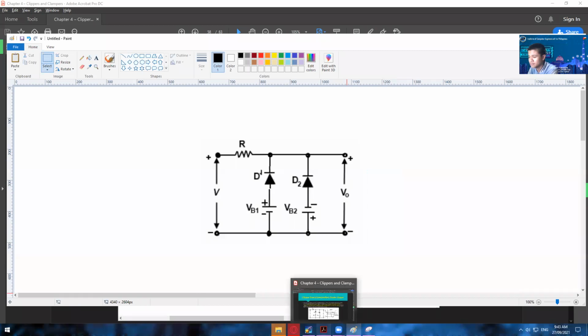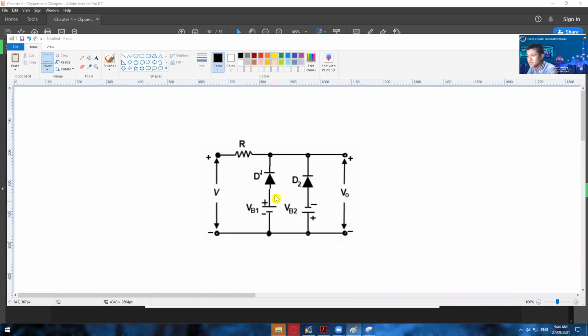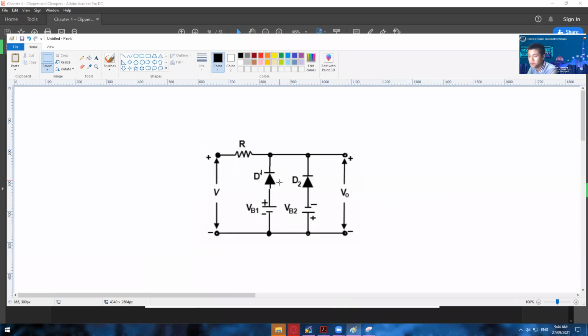waveform. It just varies with the value of the peak voltage on the positive side and the peak voltage of your negative side, depending on the value of your VI and your D1, of course, and your VB1, your D2, and then VB2. So just in case I change this one into something like this, it is not a dual clipper anymore, because this will simply accept one flow of current, which is maybe positive or maybe negative only.